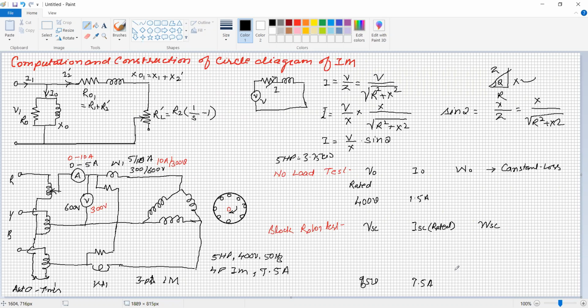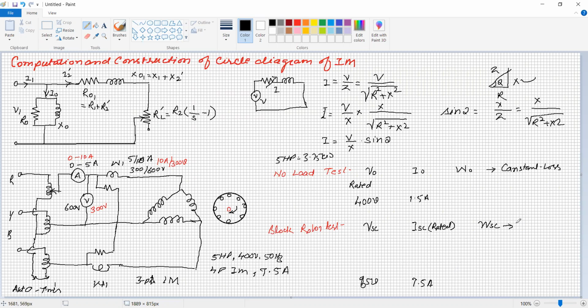So here the voltage is very small, and we know that the iron losses depend upon the voltage. So voltage is small, so we can say that iron losses in the stator circuit as well as rotor circuit are neglected. There is no question of speed, so the rotational losses are 0. So under short circuit condition, whatever power is consumed by the circuit is due to the copper losses in the induction motor.